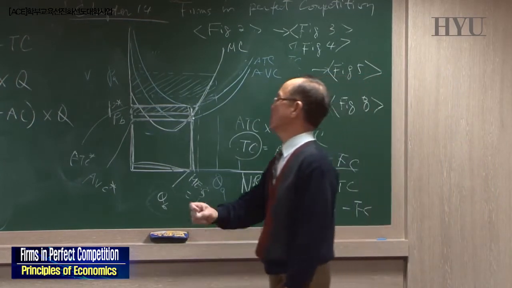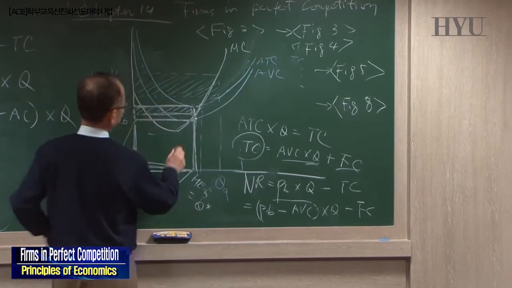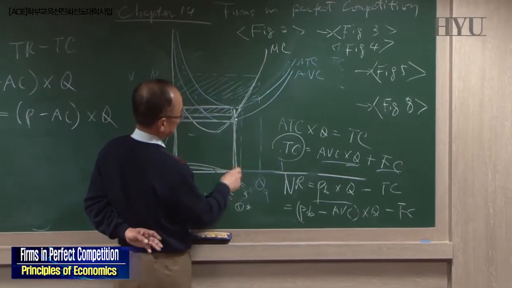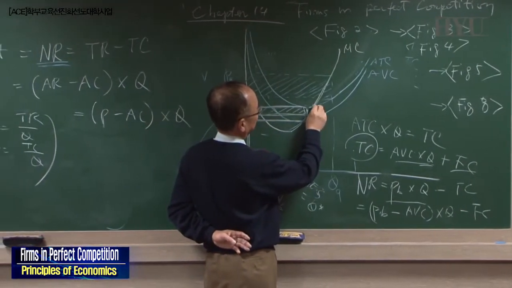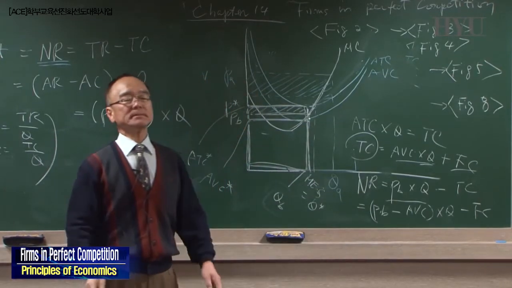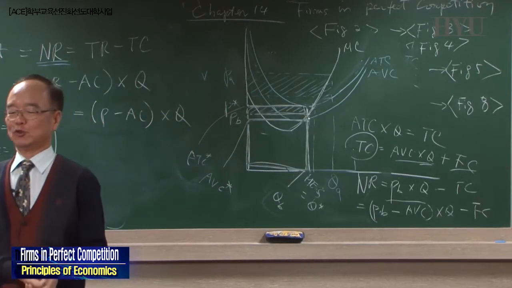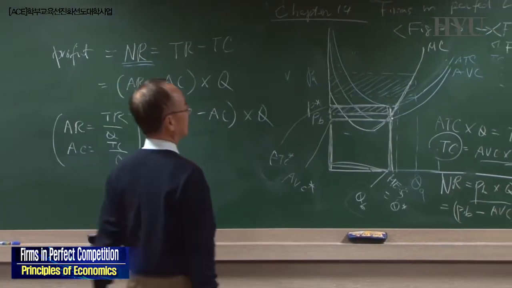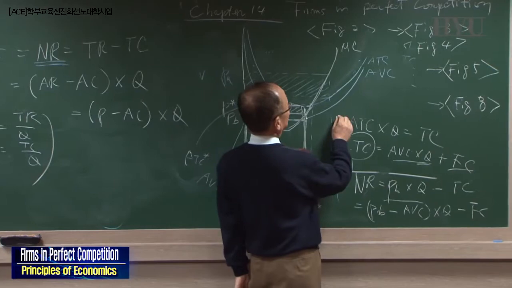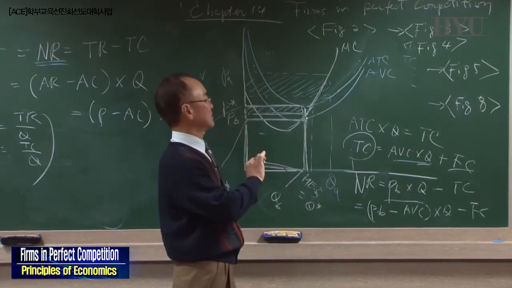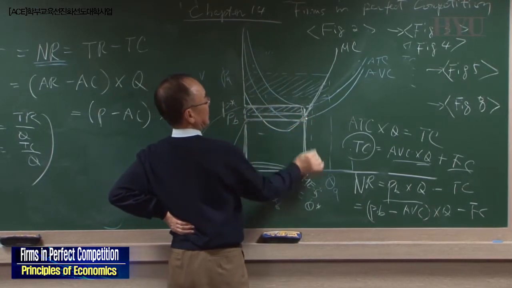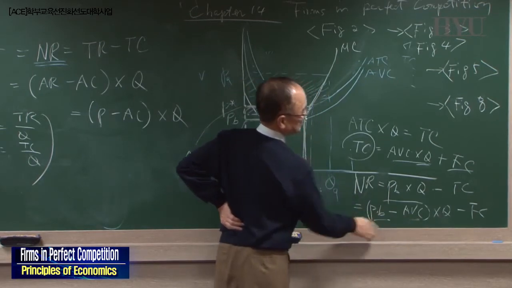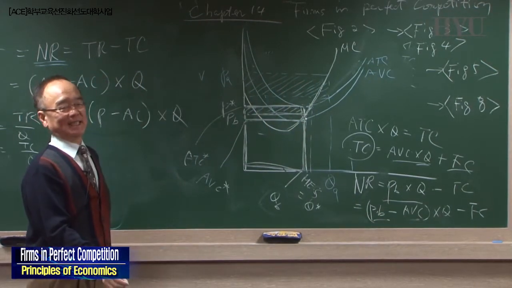So from the optimum decision, by keeping operating, you can reduce the loss. So which would you choose? Bigger loss, smaller loss. Of course, smaller loss, right? So even if you record loss, you would produce as long as PB is bigger than AVC.